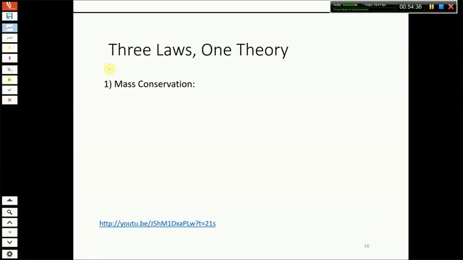So the first law that we'll talk about, which I think is a pretty simple one, is mass conservation. And the person credited with discovering this was Antoine Lavoisier.